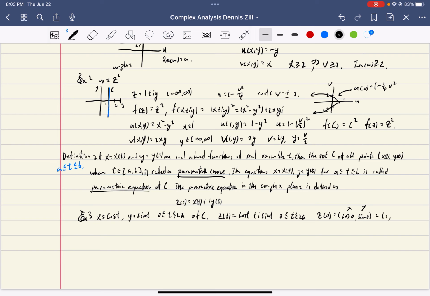So z of 0 is equal to cosine of 0 plus sine of 0 multiplied by i, that is 1 plus 0 i, which is equal to 1. So this is a basic, very rudimentary example, really.